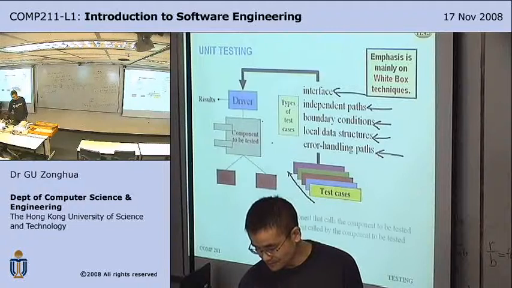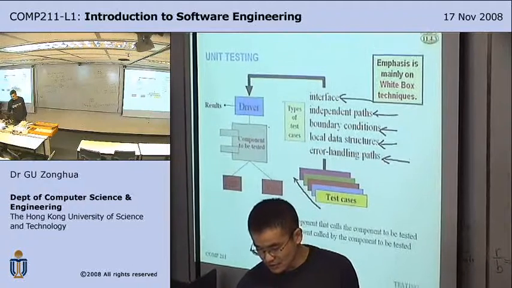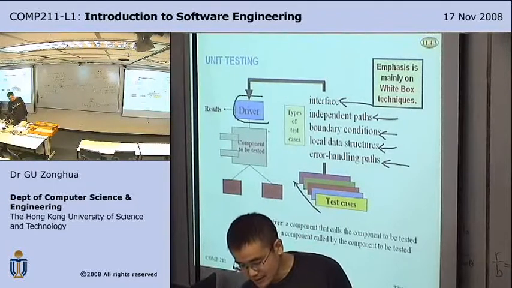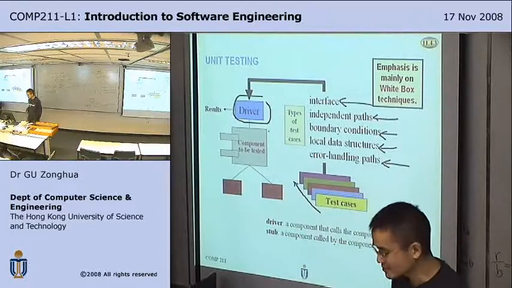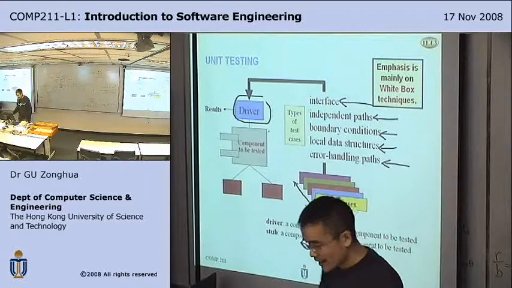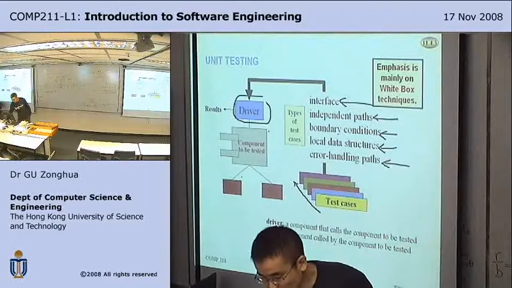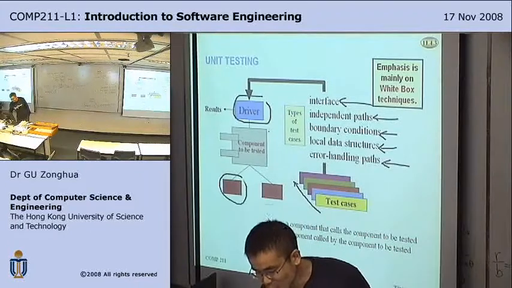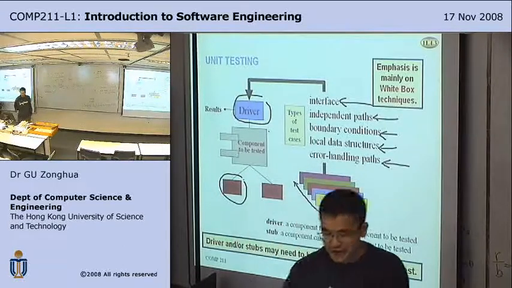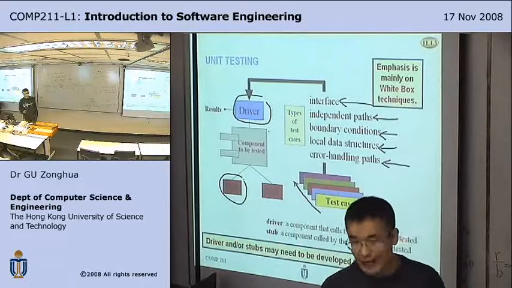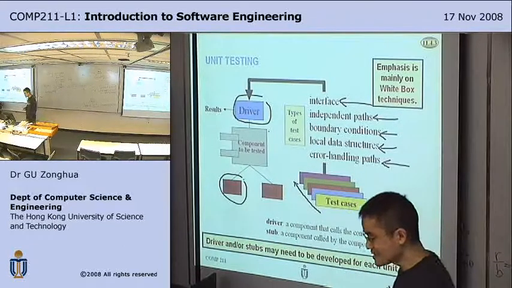So a driver is a component that calls the component to be tested. And a stub is a component called by the component to be tested. So drivers and stubs may need to be developed for each unit test.